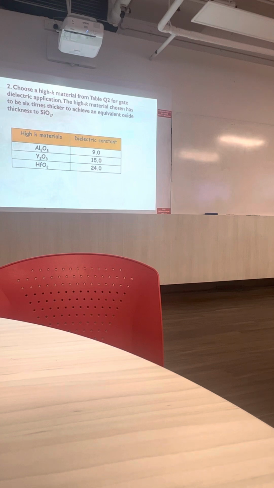Question 2. Choose a high K material from this table, right? I need to speed up a bit. What we want is to select something that is 6 times thicker to achieve the equivalent oxide thickness, meaning that initially I may have thickness X. So right now I change to a high K, I want this to be 6X, the thickness.